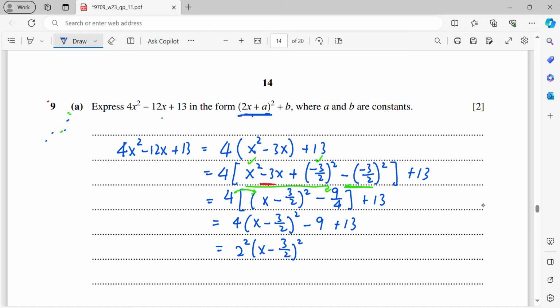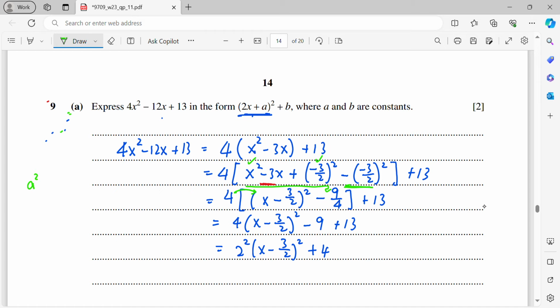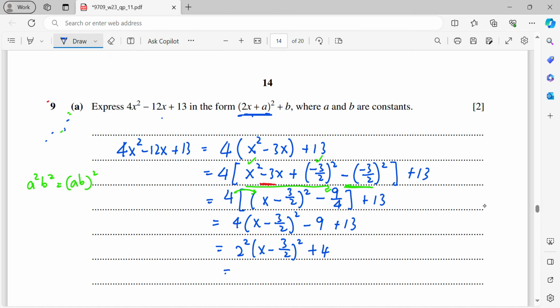Minus 9 plus 8 plus 13 is basically plus 4. So we have a formula over here: a squared b squared is the same as ab squared. Now I can just write this as 2 times x minus 3 over 2, then everything squared, plus 4.